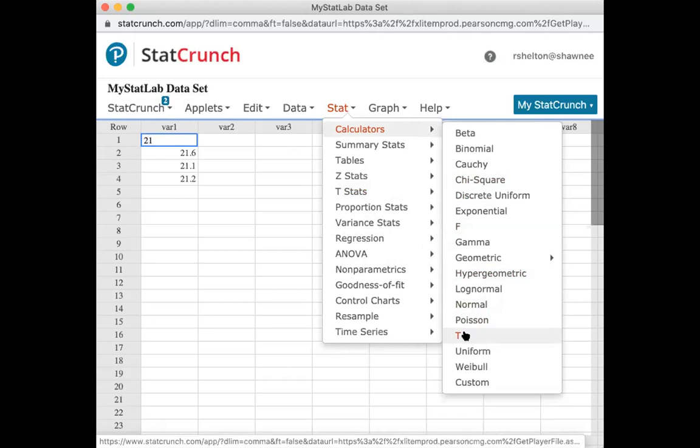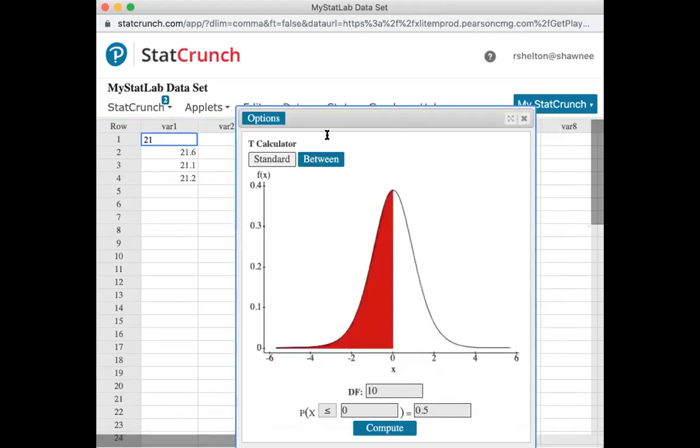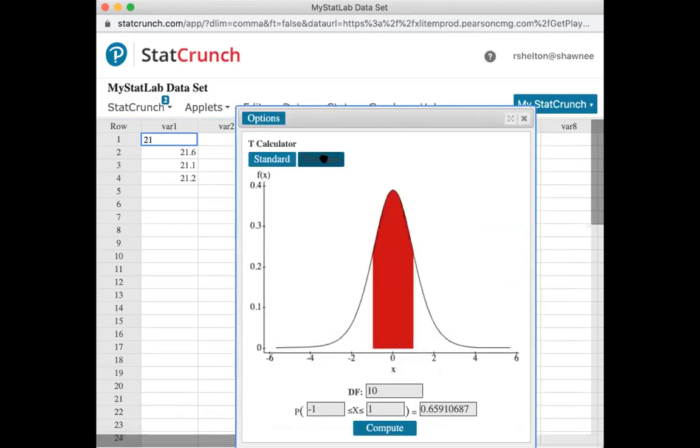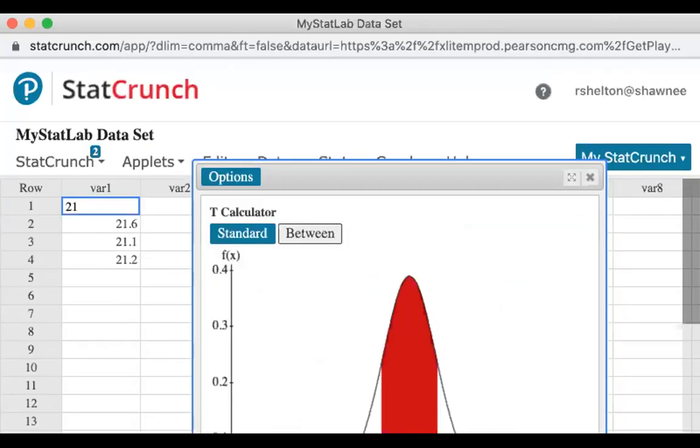Stat calculators, t calculator. I'm going to say between, and the t value that we had that we were looking at. We do have to know the degrees of freedom for this. So let me look in our problem here. Okay, our sample was 15 3-year-old boys. So N is 15, okay?